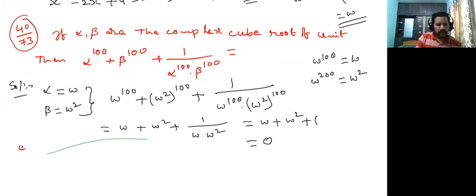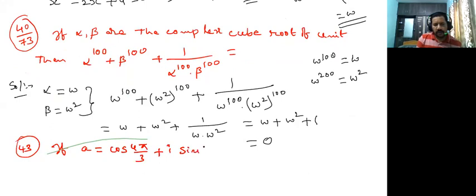Next, 43 in conceptual. The question is like this. If A is equal to cos 4 pi by 3 plus i sin 4 pi by 3, then 1 plus A whole power 3n is equal to?